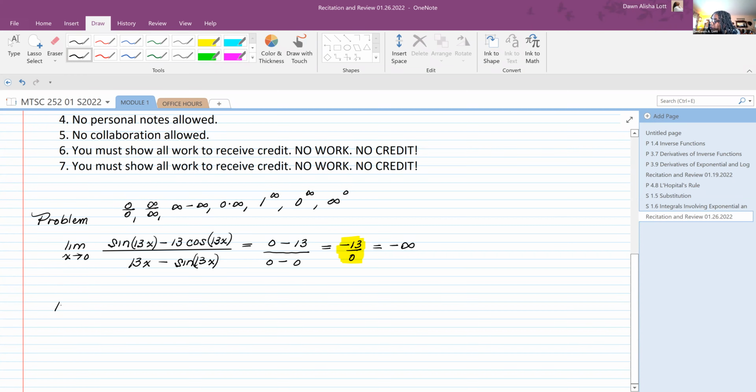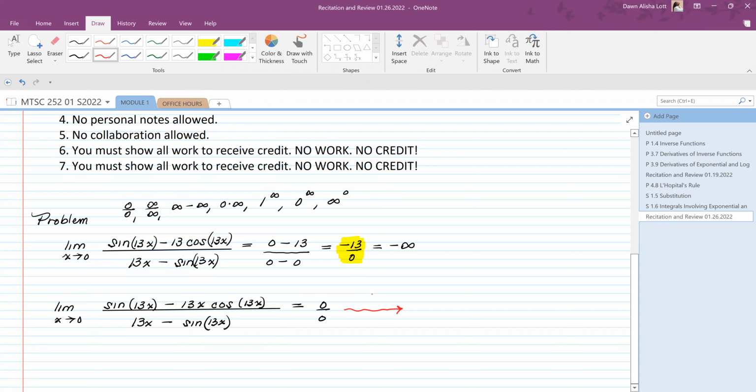So if it was the limit as x approaches 0 of sine of 13x minus 13x times the cosine of 13x, divided by 13x minus the sine of 13x, then this now is 0 over 0.